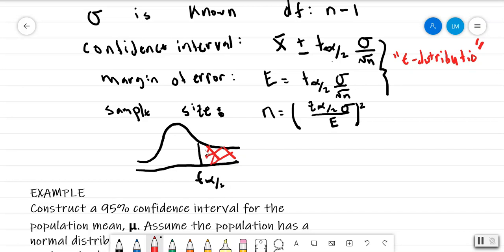So that's just one thing you'll have to consider whenever you're working with the t-distribution.